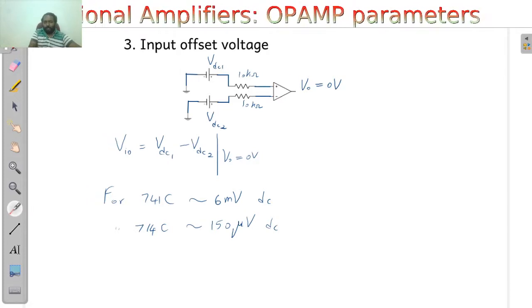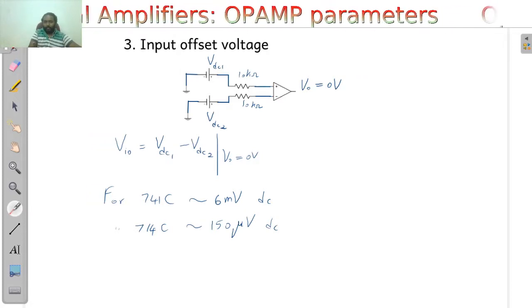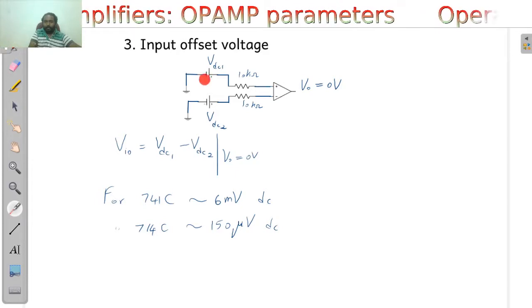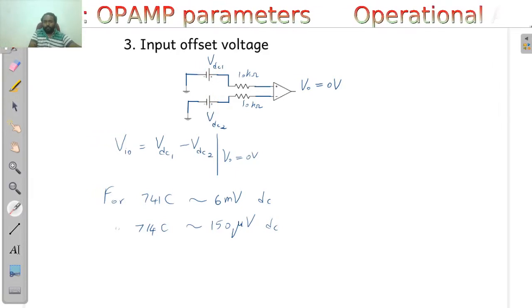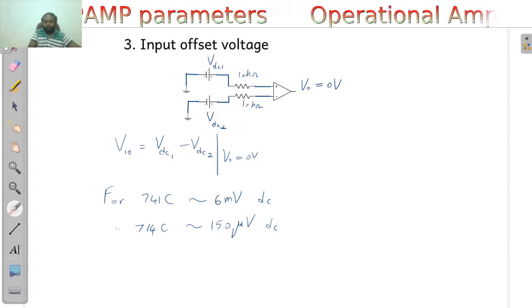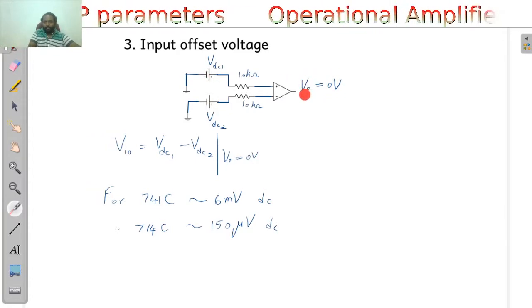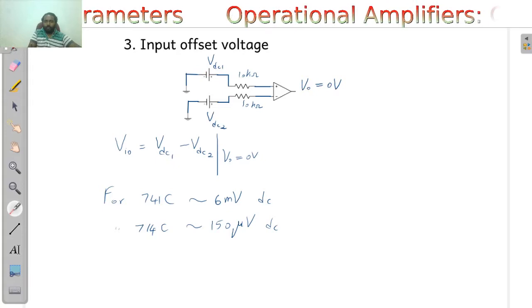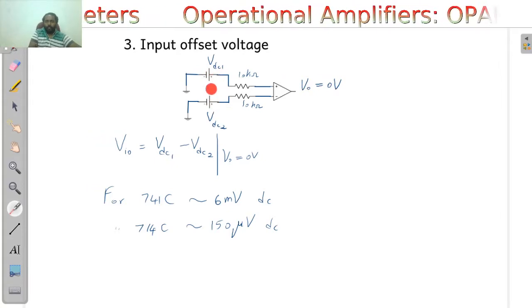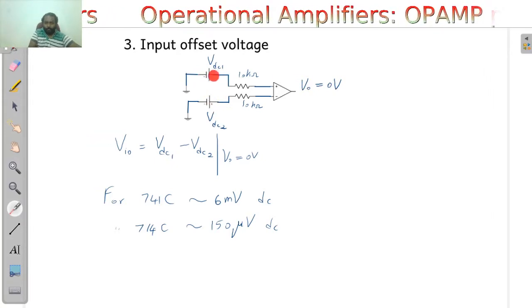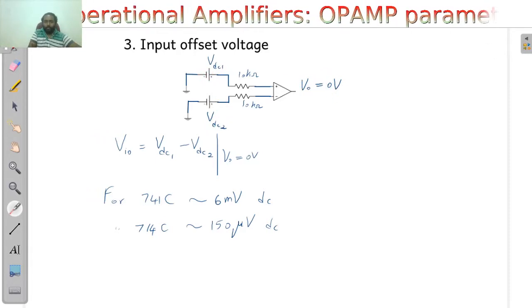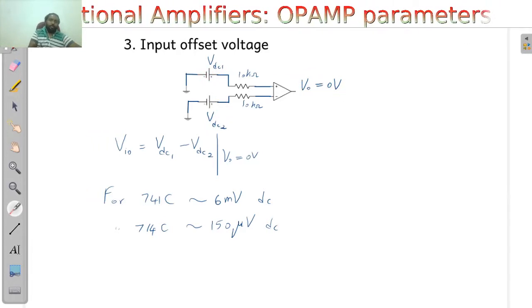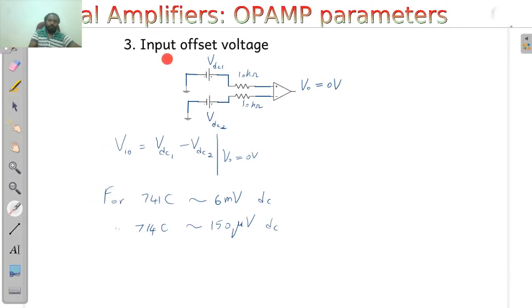So we apply two different voltage sources to the two inputs, and check what voltage difference makes the output voltage 0, or null. That voltage difference is called the input offset voltage.